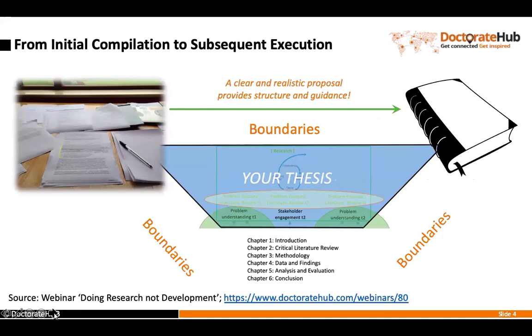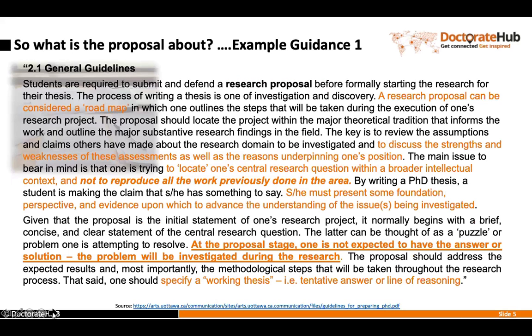Having said that, if the proposal is providing a clear and realistic outline of what is to be done, then it also will provide a very good guidance and allows us to establish boundaries very quickly and thereby easing our way through the research.